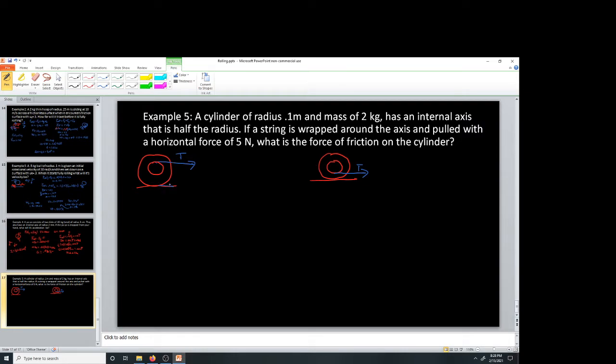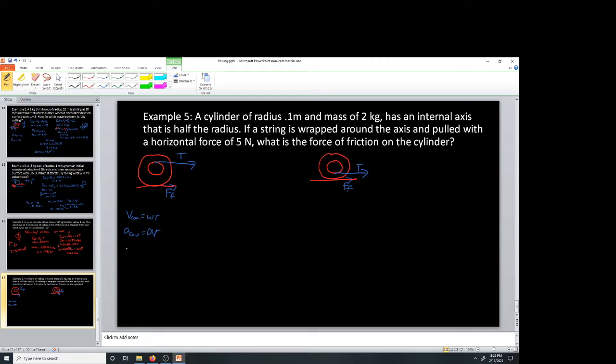In both cases, I'm going to pick this way. If you are wrong, all that will happen is you will get a negative value for it, and you'll be like, oh, I was wrong. Cool, no big deal. Now remember, these are both fully rolling, so we can still do that. Vcom is equal to omega r, and acom is equal to alpha times r. So both those things are still true.